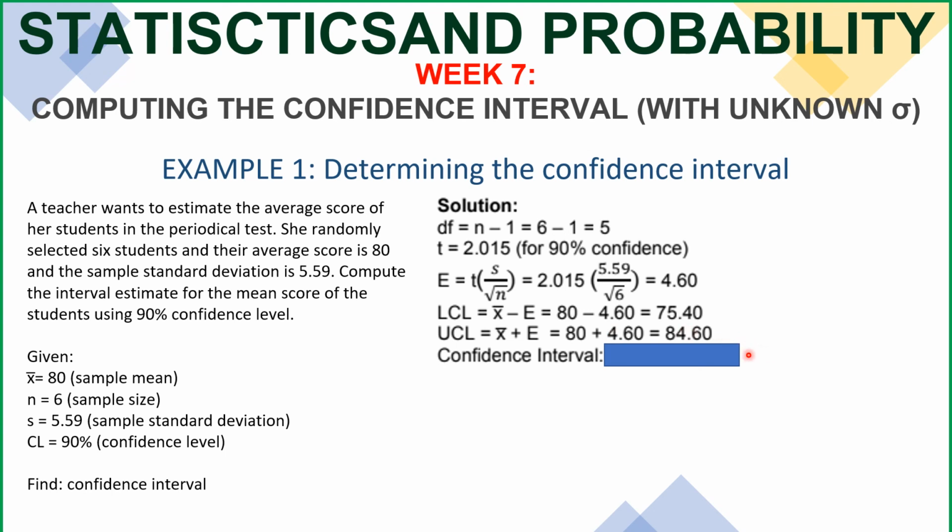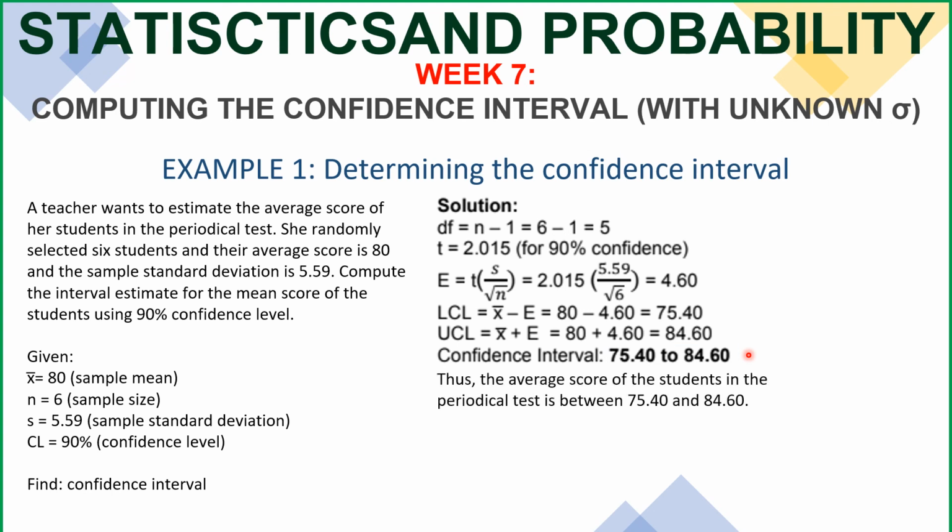Therefore, our confidence interval is 75.40 to 84.60. Conclusion, thus, the average score of the students in the periodical test is between 75.40 and 84.60.